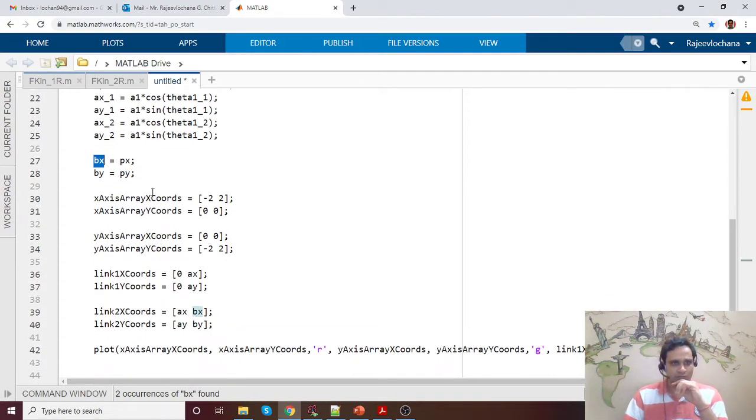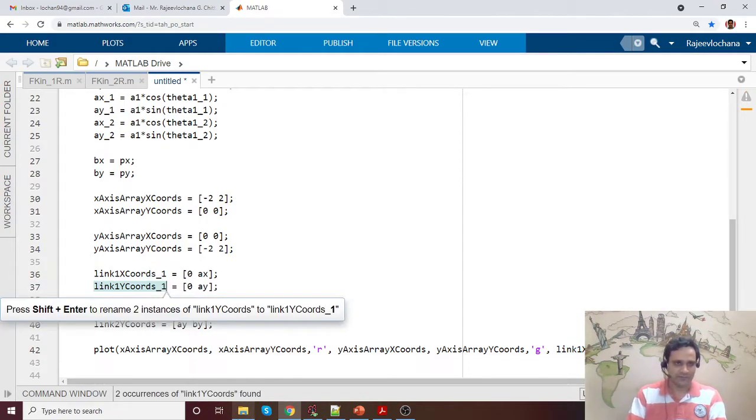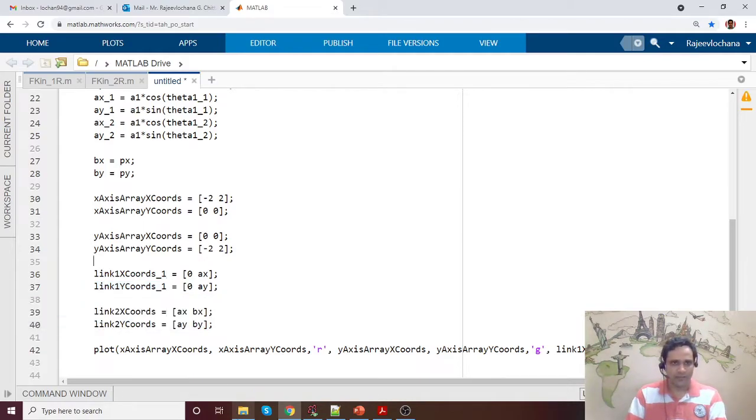Okay, so rest of the things, we have link 1 x coordinates, link 1 y coordinates, link 2 x coordinates, link 2 y coordinates. Now we'll have two sets of lines. We want the line to go to the first solution ax, ay.